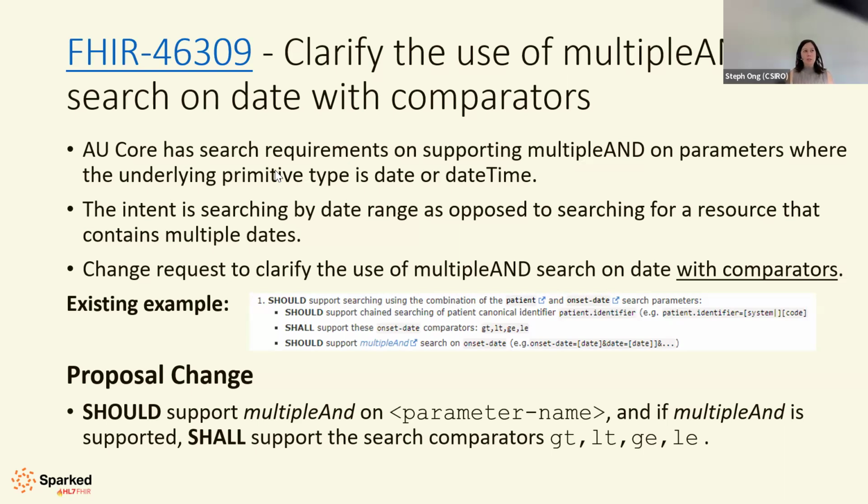And if multiple and is supported, it shall support the search comparators greater than, less than, greater or equal to, and less than or equal to. Were there any questions on this particular change request?